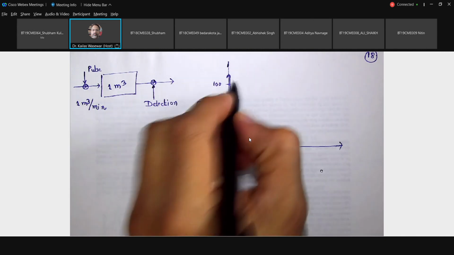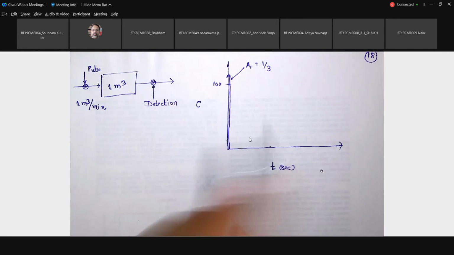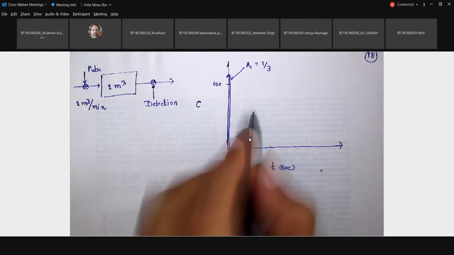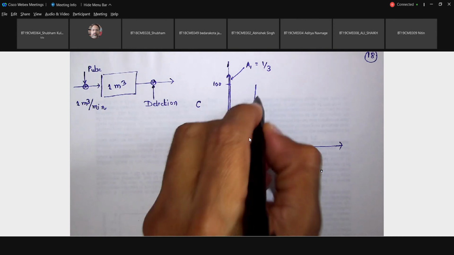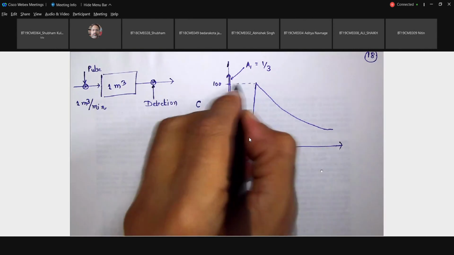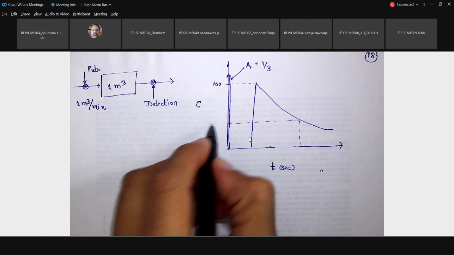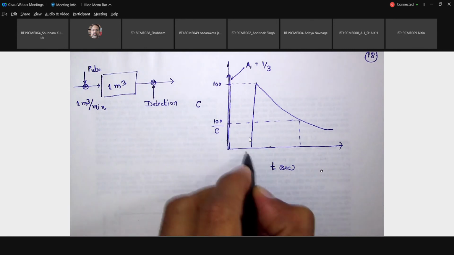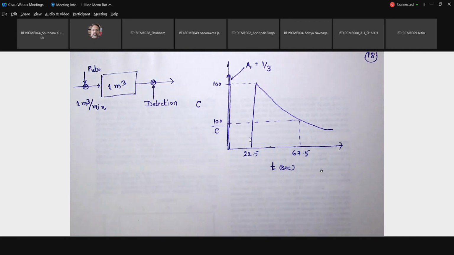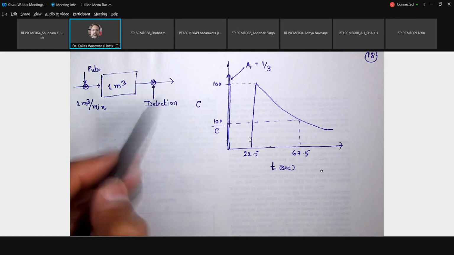And this area is equal to, then after a certain time, what you can see from this one, as soon as you put the pulse, immediately you get the detection of that.